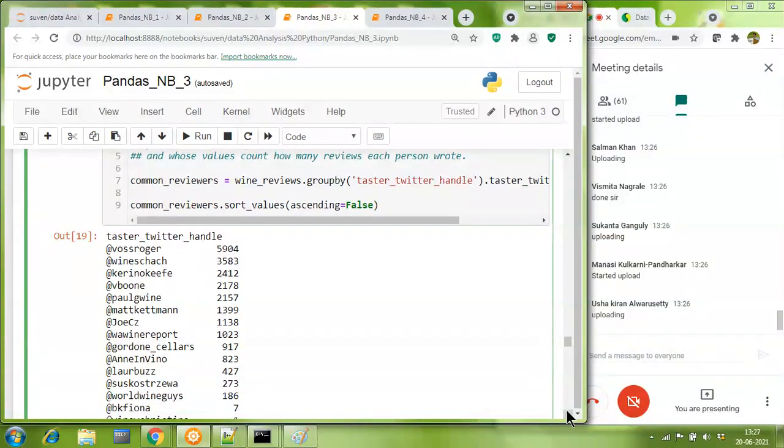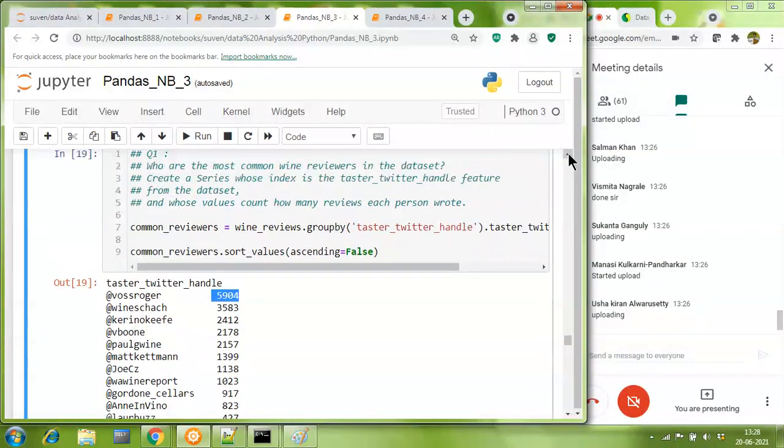Look at a sample output. The taster is the one who came to review our wine, the Twitter handle, and how many reviews he has written. So this person called Wash Roger has written 5904 reviews till date, which is a very big number.